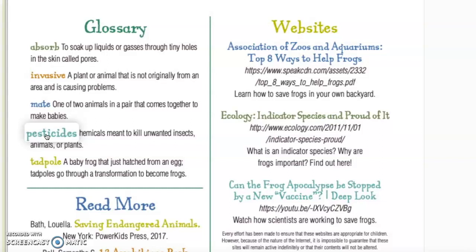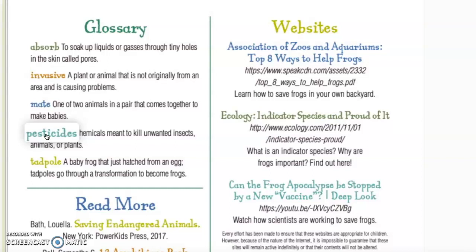Sometimes they're spraying a chemical on your lawn that kills weeds. A lot of times weeds will start to grow in your garden or in your yard and you don't want them there. A way to get rid of them is to use pesticides, and it will kill those weeds. You can also use pesticides on insects.